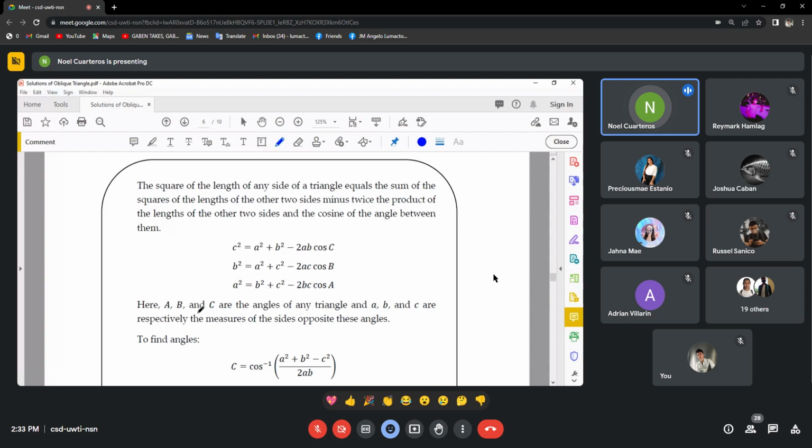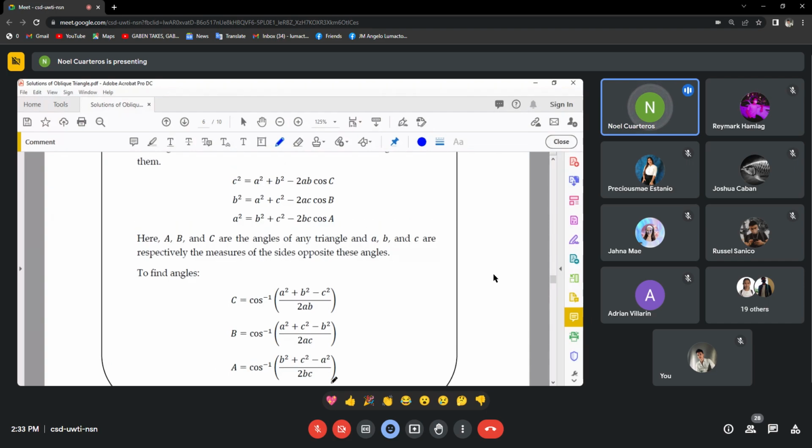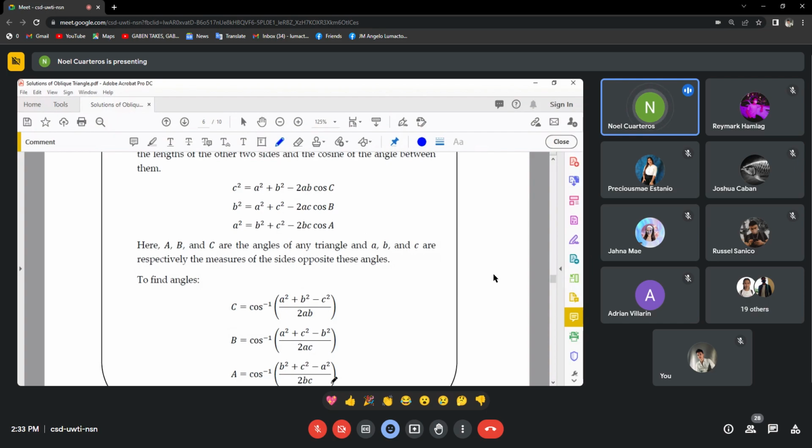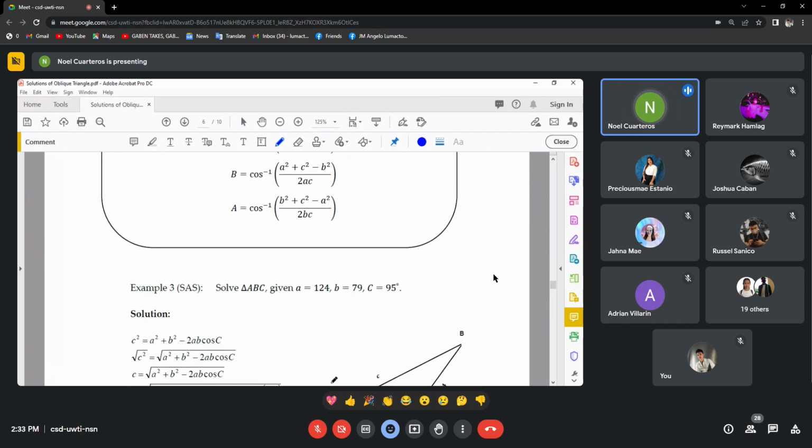If we are looking for angle C, angle B, and angle A, we use these. I hope you will memorize these equations. For example, solve triangle ABC given angle A, which is 124, side B equal to 79, and angle C, which is equal to 95.